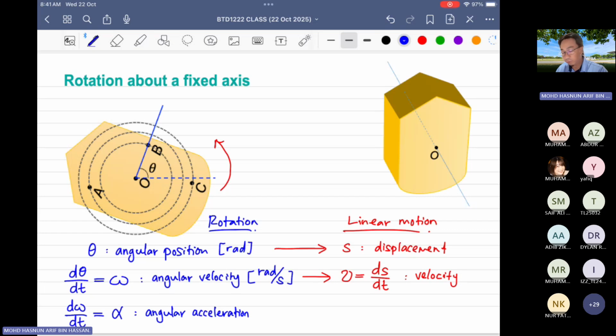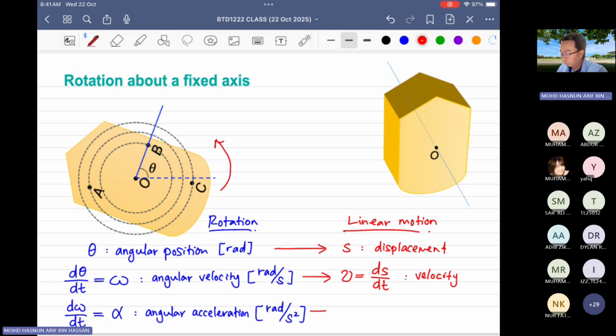If we differentiate angular velocity, which is already radian per second, divided by another unit of time, the unit will be radian per second square.